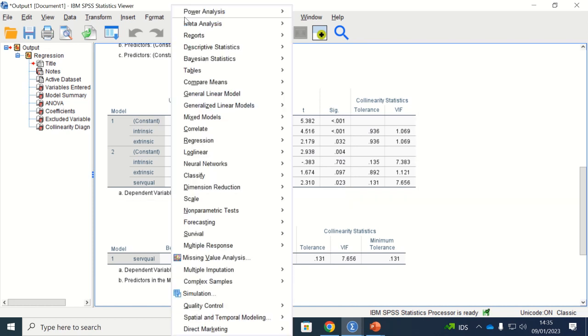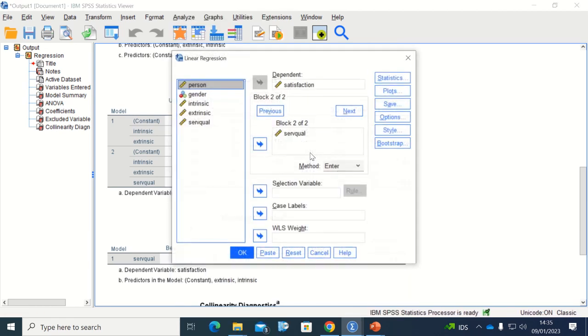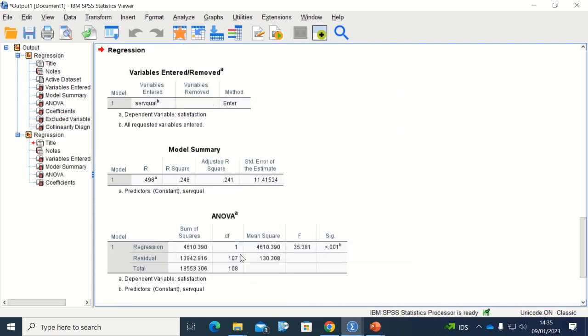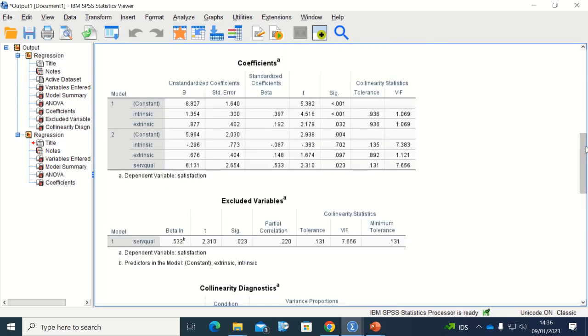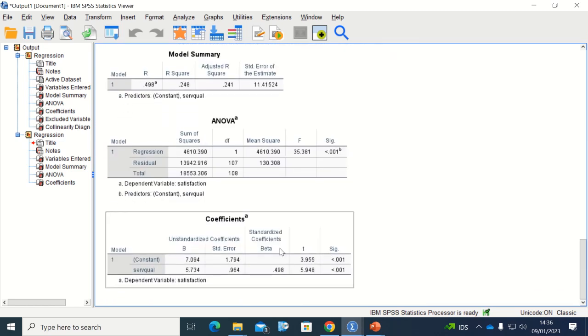Now I'm just going to do something different here. I'm going to reset all this and do a quick regression between satisfaction and serve qual. Notice that this is very, very significant.